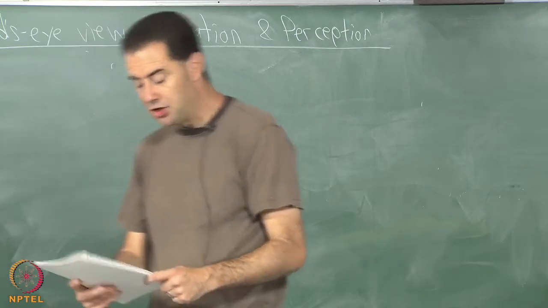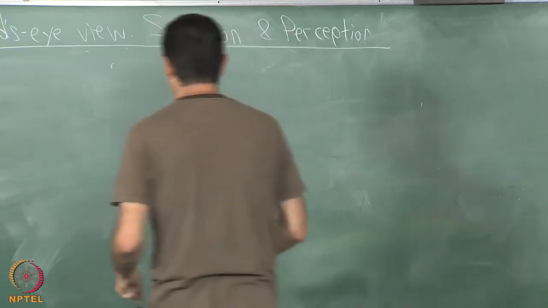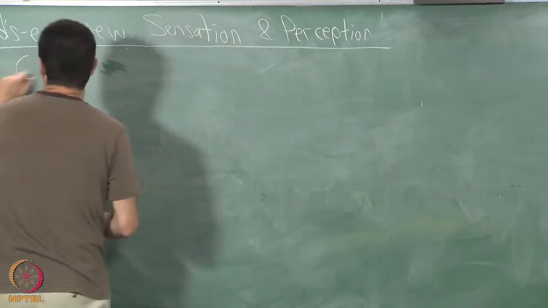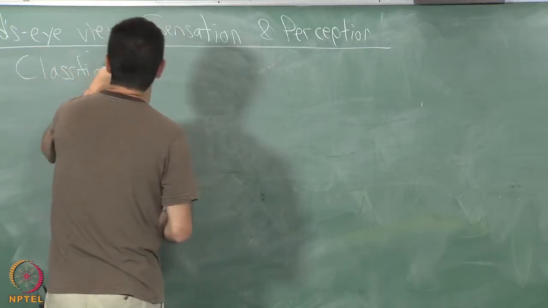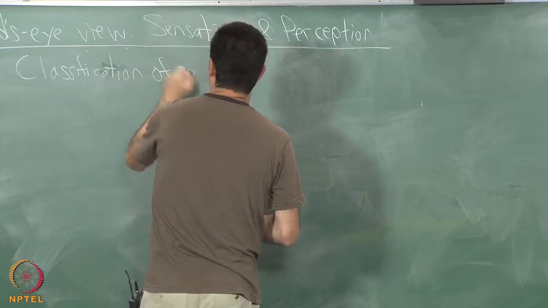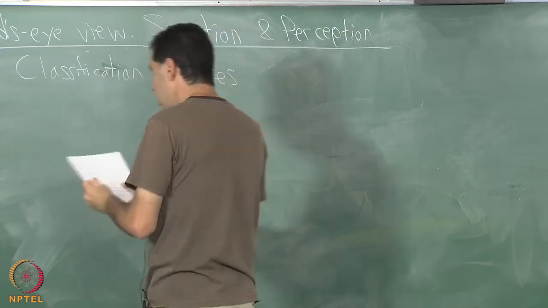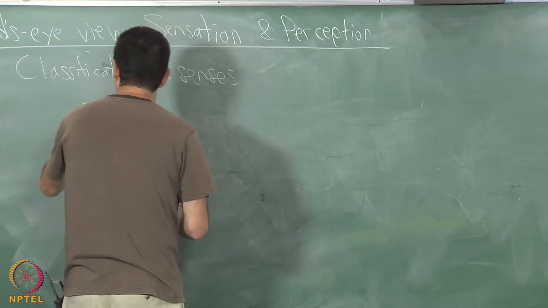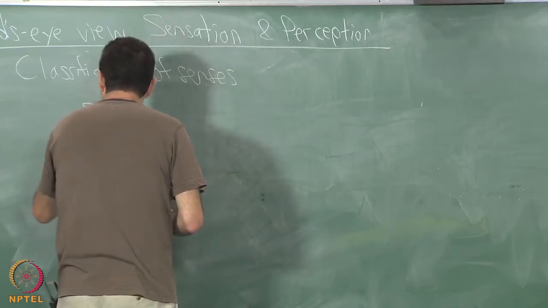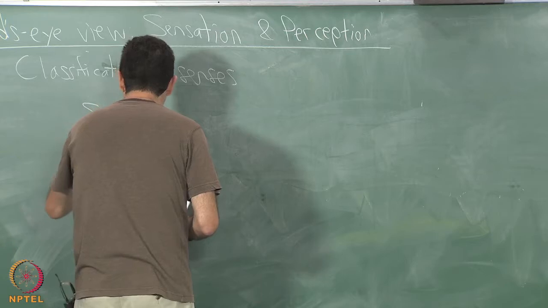I've already talked about different senses. I want to go into a little bit of classification of senses. I just want to talk about, for each one of our senses, what is the sense called? What is the fundamental stimulus?